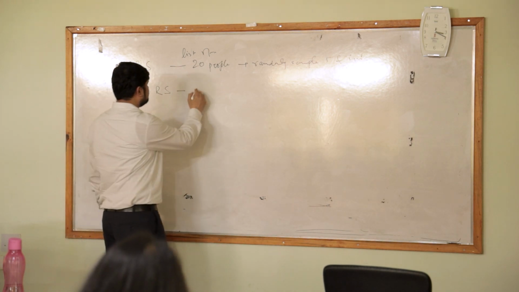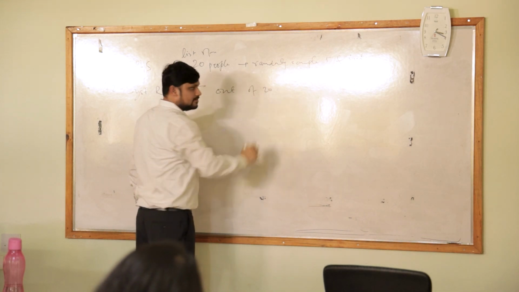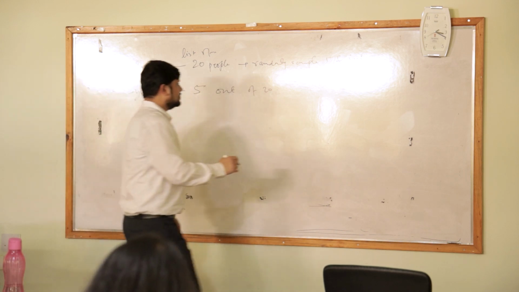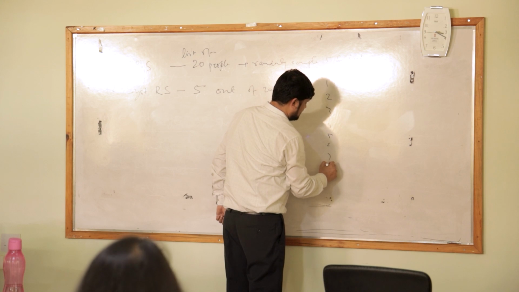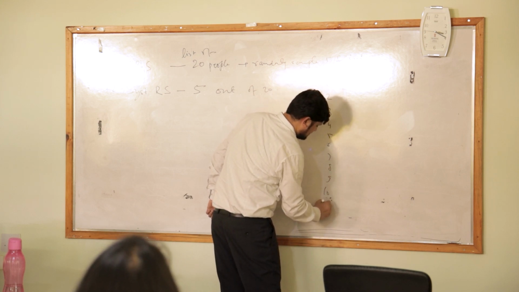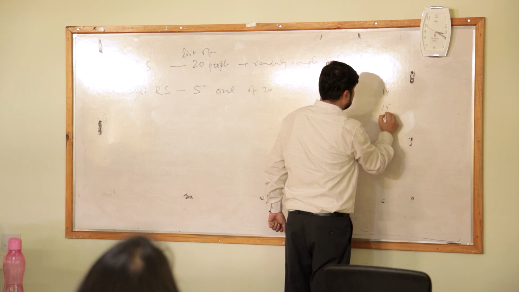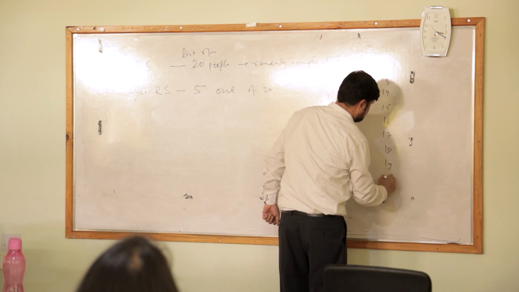Let's say you were supposed to sample 5 out of 20, and you have the list of these 20 people, 1, 2, 3, 4, 5, 6, 7, 8, 9, 10, 11, 12, 13, 14, 15, 16, 17, 18, 19, 20.